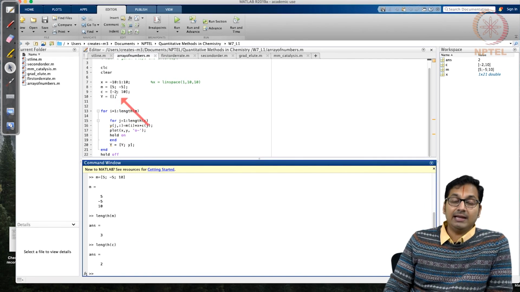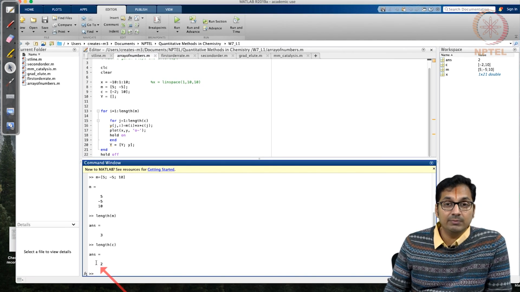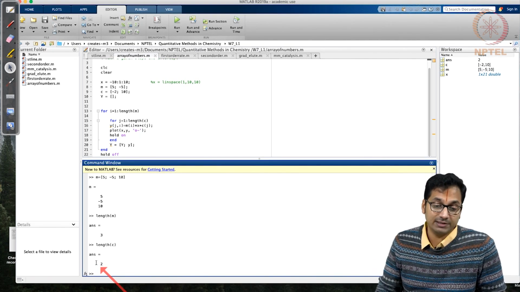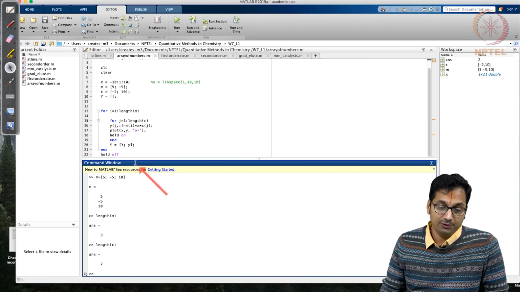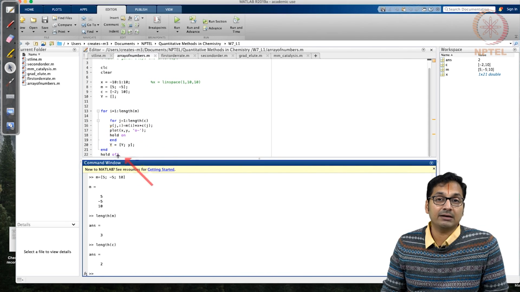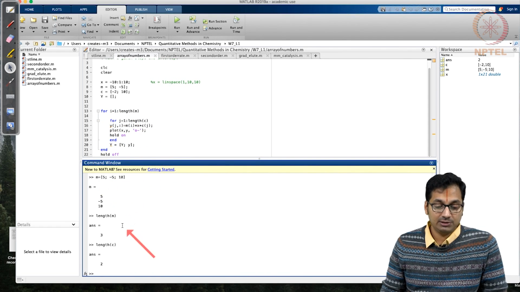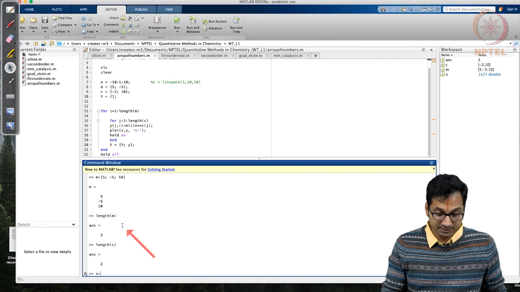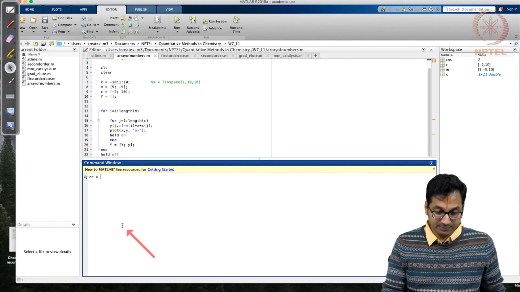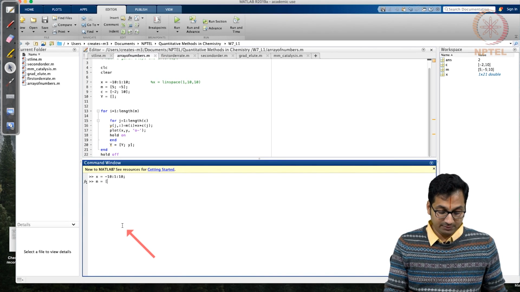So if you are able to realize, we defined a 1 by 2 matrix, so it is saying the length is 2, meaning that it takes the larger of 1 and 2 and says 2 is the length. So what I am trying to do here is loop it over. Let's once again take a simpler example. Let's define x between minus 10 and plus 10, and then we can define m as minus 5 and plus 5.